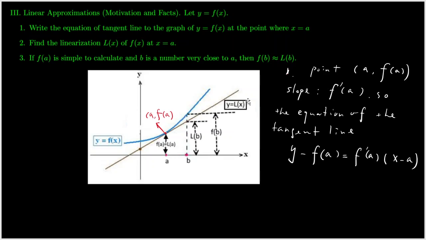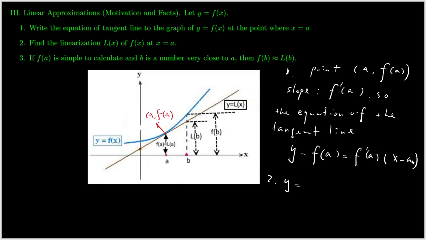Okay, I'm going to tell you the answer to question 2. You will see what's going on. Okay, by that we mean we are going to solve the equation of the tangent line for y. By that we mean we write y in terms of x. We'll do that in 2 steps. Okay, solve the equation for y.